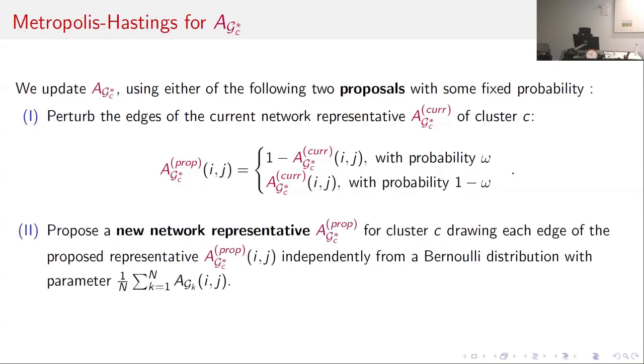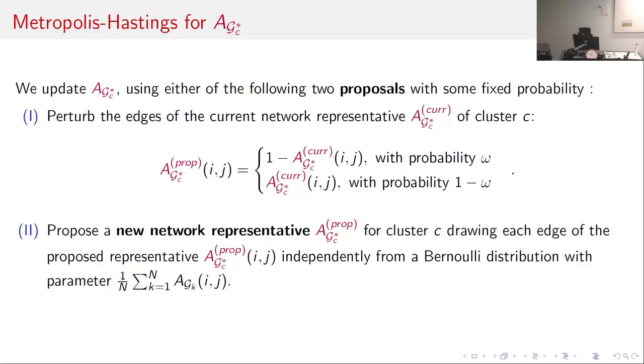An alternative way of proposing a new network is to draw independently from a Bernoulli distribution with parameter the mean network from the whole population. So this is slightly more informative.